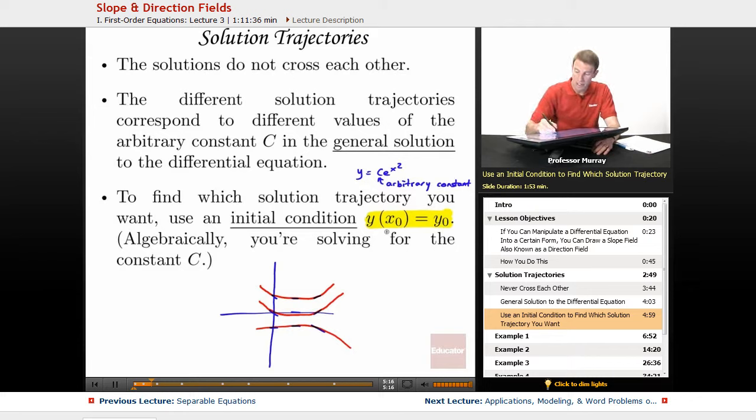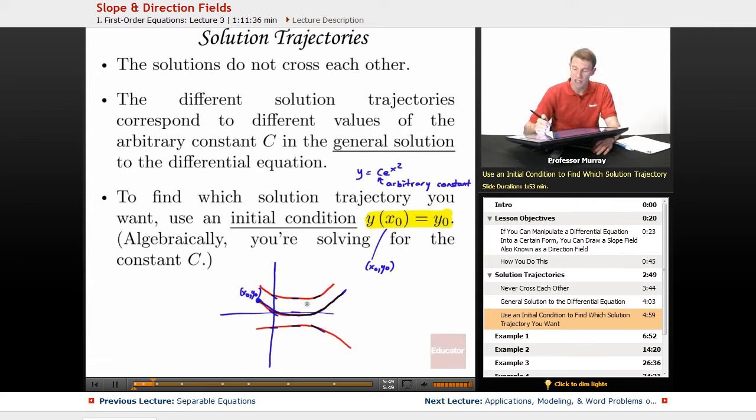And what that does is that gives you an initial point, x naught, y naught, somewhere on the graph, and that will tell you which of the solution trajectories is actually the solution that satisfies not just the differential equation, but also your initial condition. So if you have an initial condition, that lets you narrow it down from a whole family of curves to just a single solution trajectory. So that's kind of the geometric picture there.